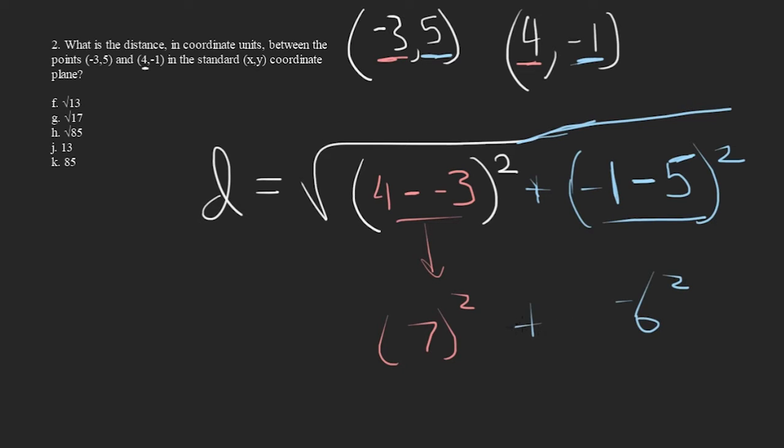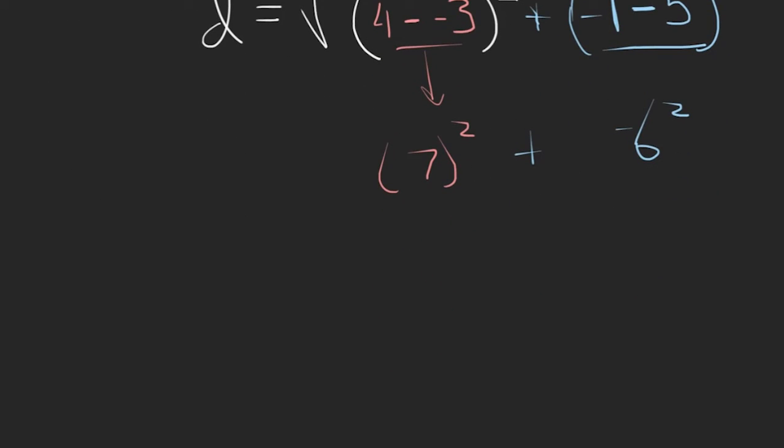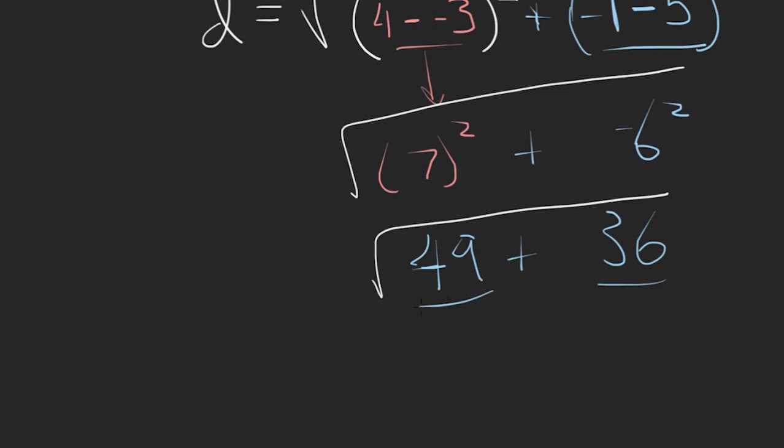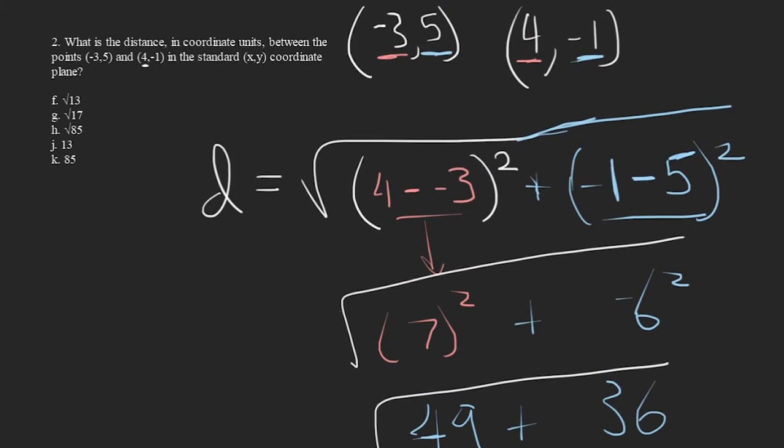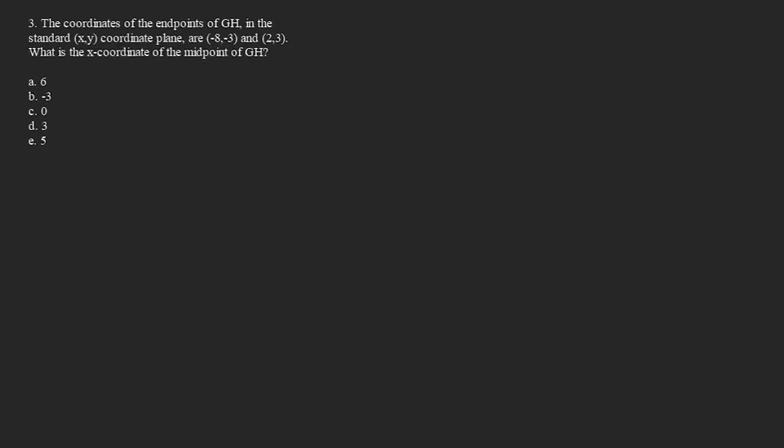Then we add these together, with the square root sign still above it all. 36 plus 49 is 70 plus 15, which is 85. The square root of 85 doesn't simplify, so I'm going to see if that's an answer. I see H is our answer.